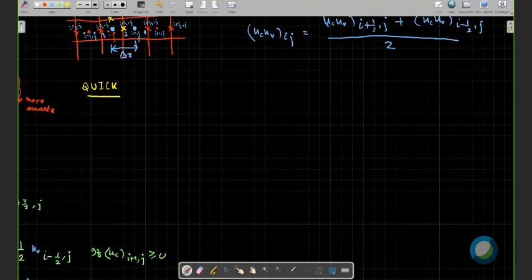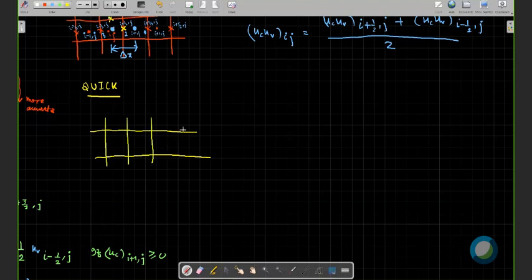So let me draw a similar type of figure here. One, two, three, four. So we'll have this one, and this one, and we might have cell centers.